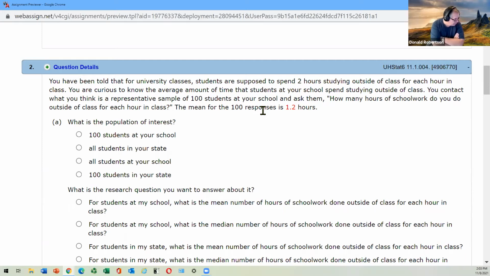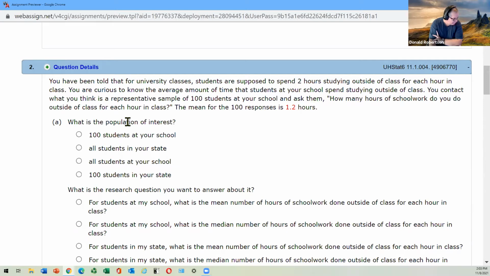So you contact what you think is a representative sample of 100 students at your school, and you ask them, how many hours of schoolwork do you do outside of class for each hour of class? The mean for the 100 respondents was 1.2 hours. Right, so we're just looking at this from a practical perspective.